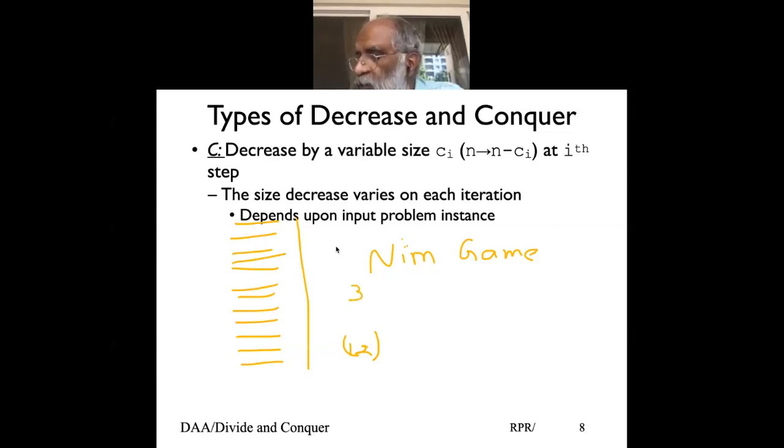So when I ask you to remove any number of cards up to 4, if you remove one card, then I will remove 4 cards. If you remove 2 cards, I'll remove 3 cards, and so on. We can look at the person who plays first, or the person who removes at the end, he is the one who is going to win. And that is what we are trying to look at.